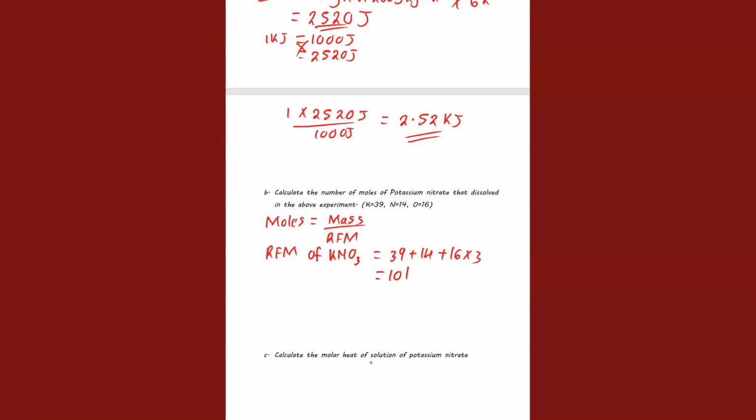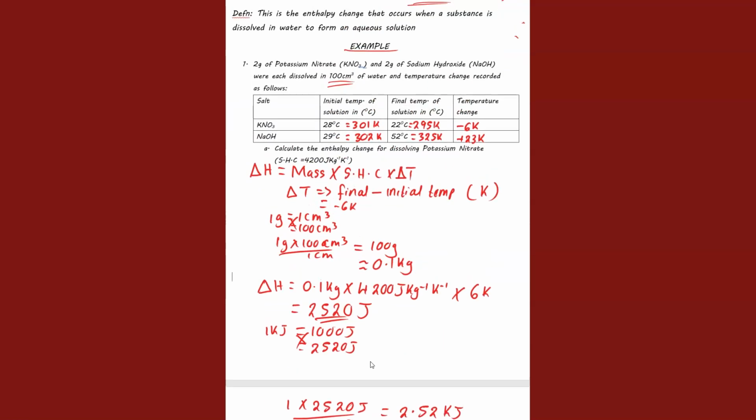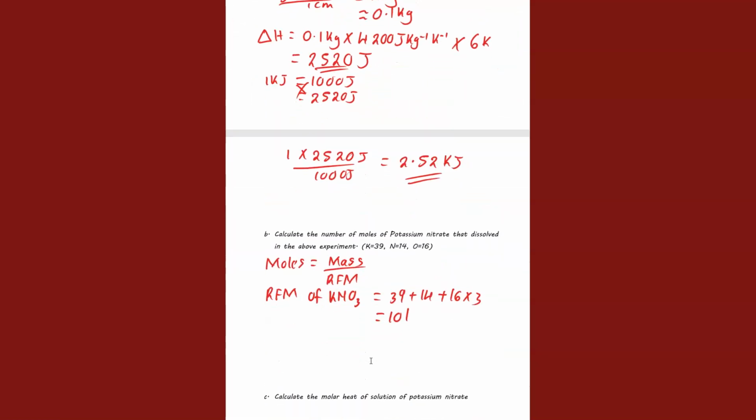And you've been told in the question that 2 grams of potassium nitrate were dissolved. So we're going to use our mass as 2 grams. Therefore, number of moles equals mass, which is 2 grams, divided by 101. And thus, we get 0.0198 moles.